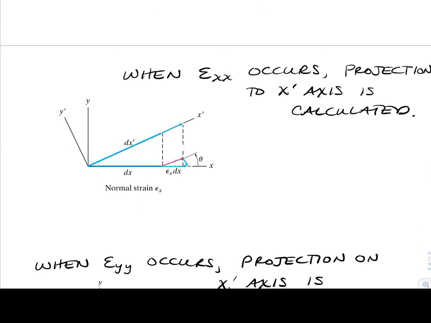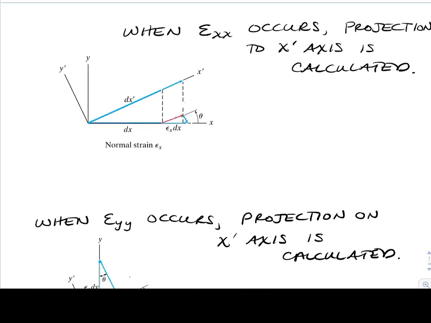Let's take a look at when epsilon xx occurs. There's our dx, which now has changed length. It now has an additional epsilon x times dx value. What we're going to end up tracking is this red line. We're going to take that action on the x-axis and project it onto the prime axes.